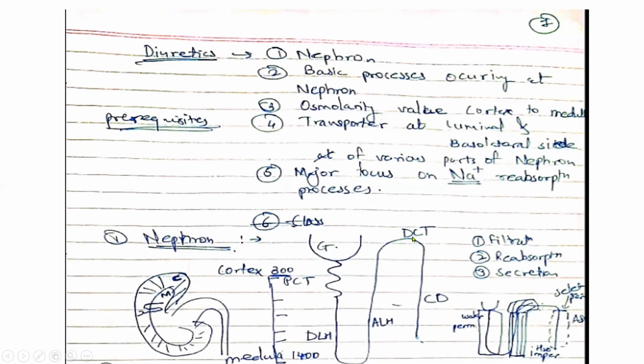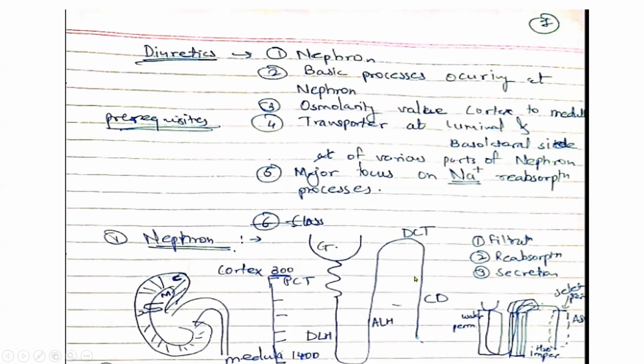Then you have the distal convoluted tubule and collecting duct. This region is responsible for facultative or selective water reabsorption under the influence of antidiuretic hormone, which is present in our body. Based upon the volume of water in urine, water will be reabsorbed from here. So these are some principal things which you should know.